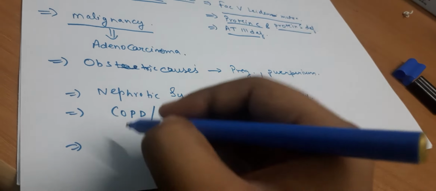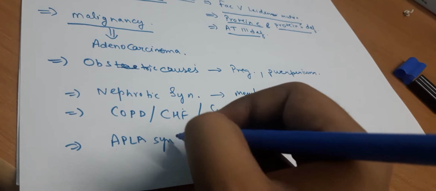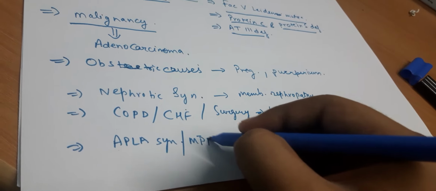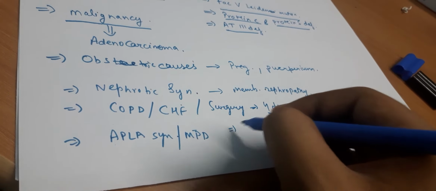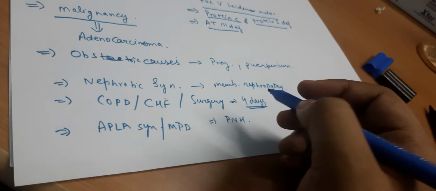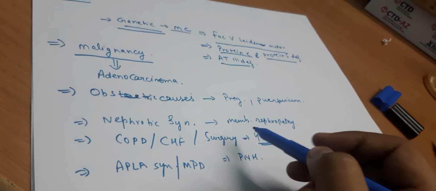And there is one syndrome, if you can guess, named EPLA syndrome, and there are myeloproliferative disorders like paroxysmal nocturnal hemoglobinuria. So this is also a risk factor for pulmonary thromboembolism.